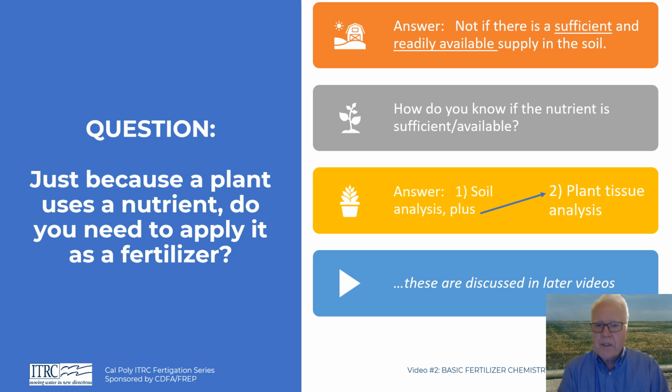As you'll learn later on, a typical soil analysis, where you dig up some soil and send it to the lab, isn't done every week. It's done maybe at the beginning of the season. The plant tissue analysis, though, which tells you what's going on with the plant that day, is done fairly frequently throughout the season with a lot of crops. So these are all discussed a little later.